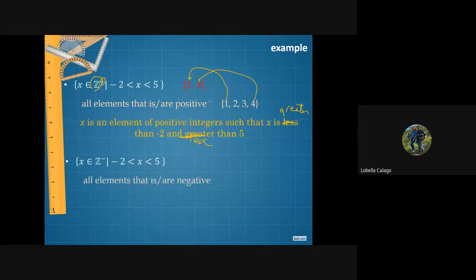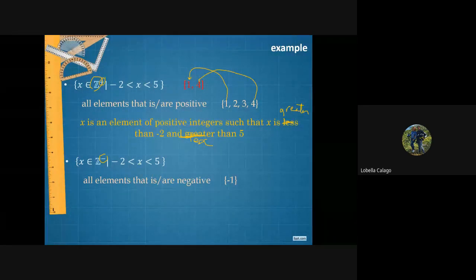Okay, so for the next one, there are all elements that are negative. Bakit negative, ma'am? Ito po, elements that are negative. Next. Only -1. Bakit -1 lang, ma'am?